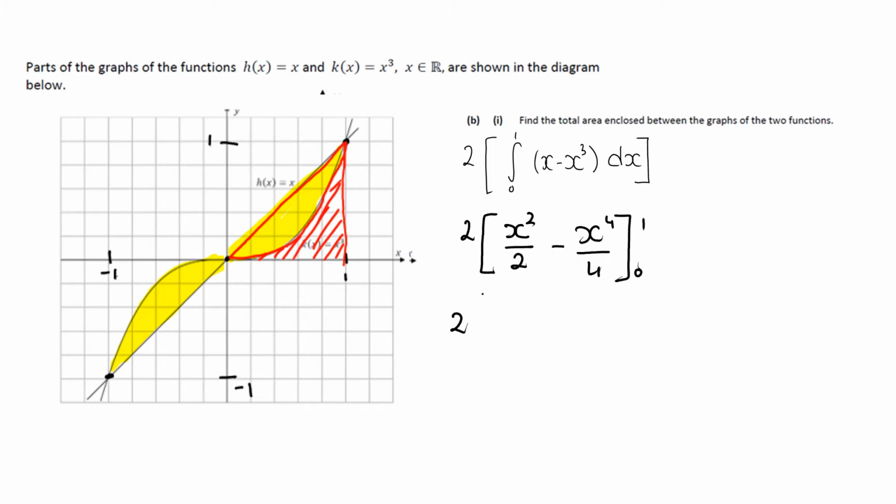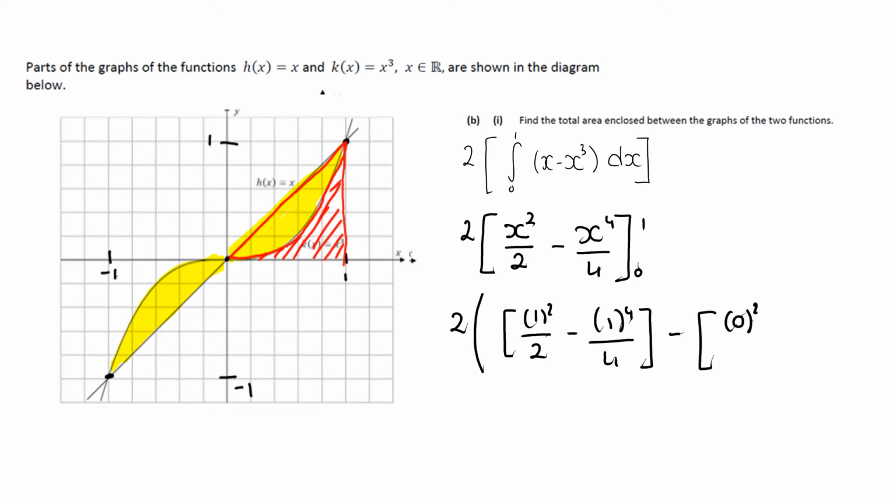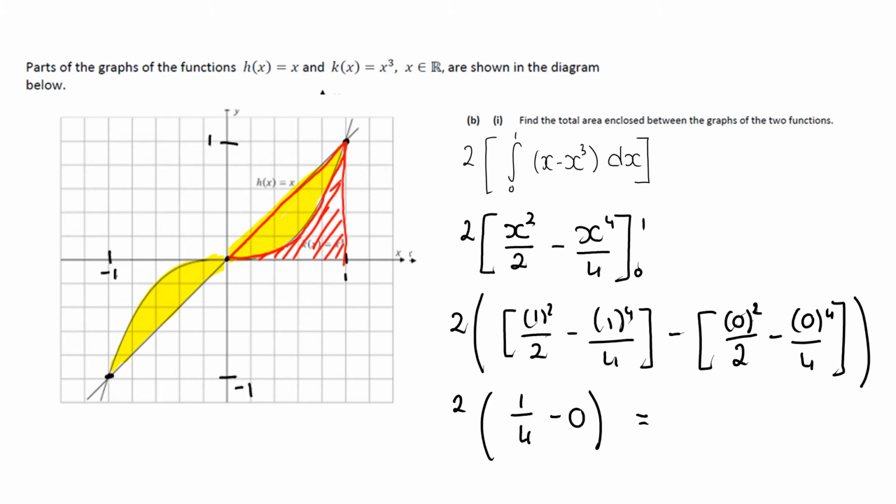So we get 2 times 1 squared over 2 minus 1 to the power of 4 over 4, minus 0 squared over 2 minus 0 to the power of 4 over 4. And when you work that out, we end up with a quarter minus 0, which is basically 2 times a quarter, which is a half square units.